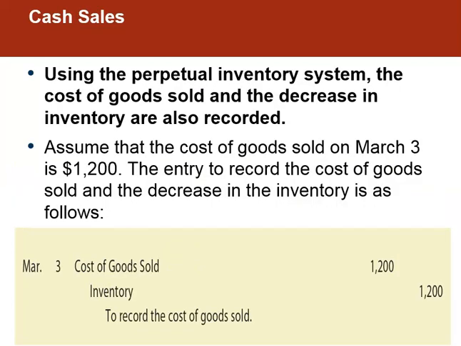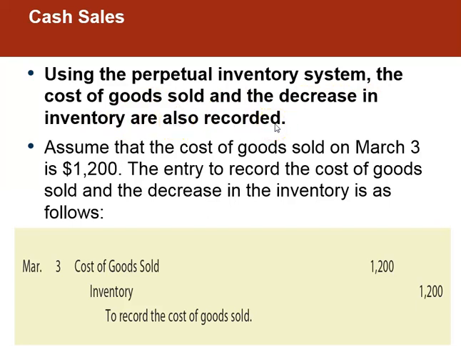So let's move on. But because we are dealing with a merchandiser, we don't have strictly one debit and one credit taking place. So let's see what we have here. It says, using the perpetual inventory system, the cost of goods sold and the decrease in inventory are also recorded.